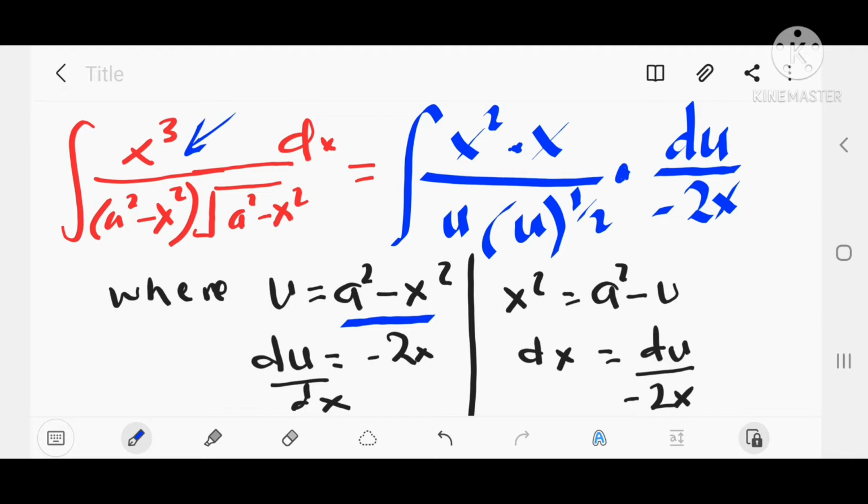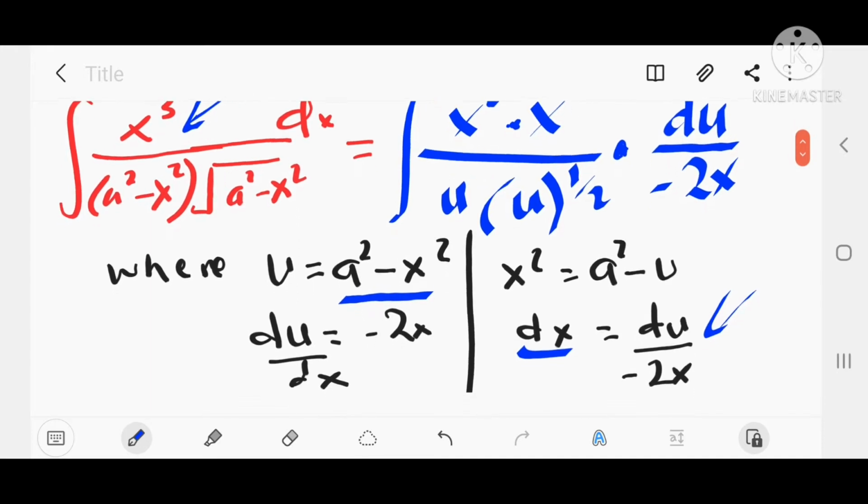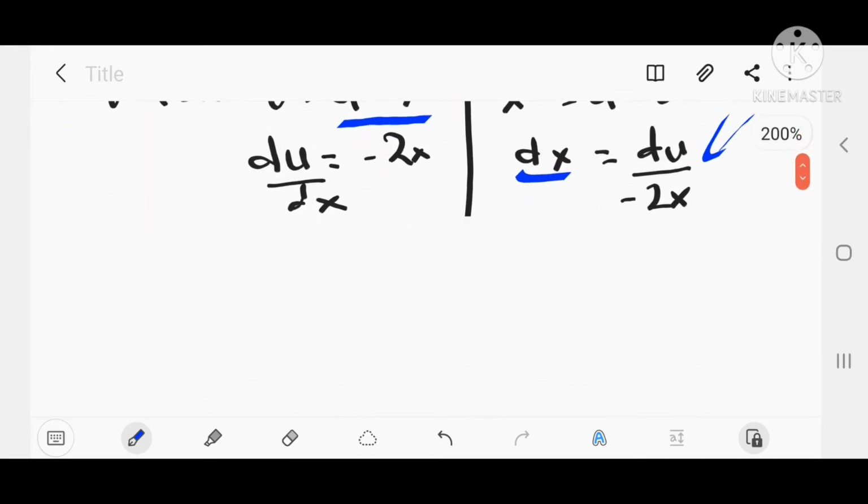We have the square root, which is exponent half. Then for dx, we have du on negative 2x.